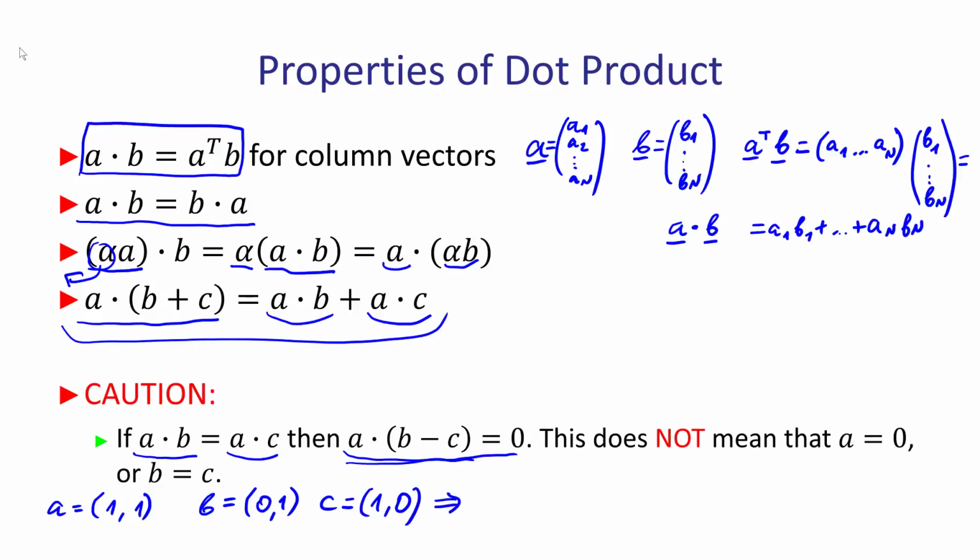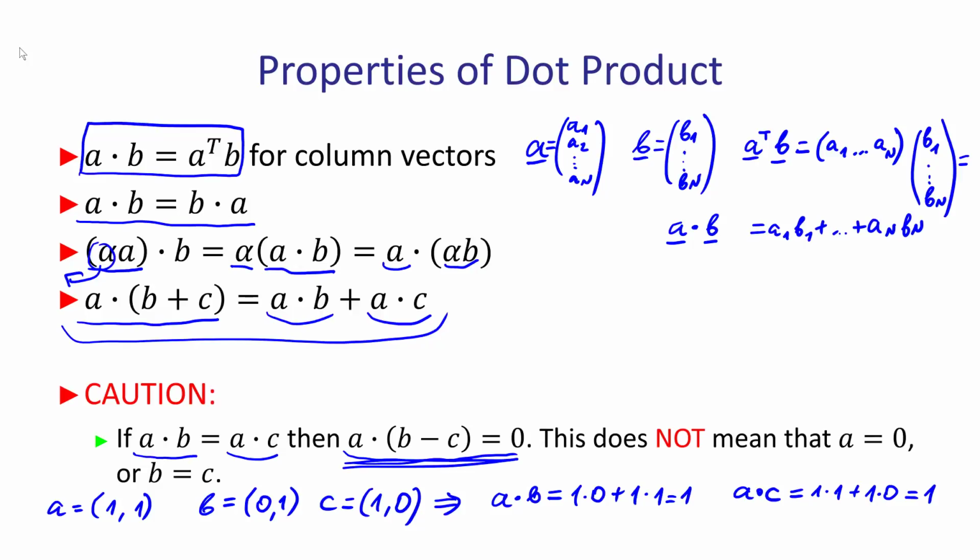But let's see what we get from here. A dot product with B is basically 1 multiplied by 0 plus 1 multiplied by 1, which is 1. A dot product with C will give us 1 multiplied by 1 plus 1 multiplied by 0, which is again 1. So they are both equal.